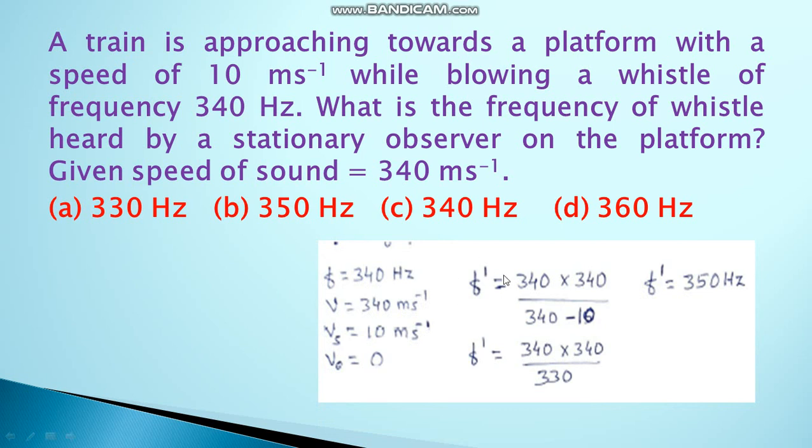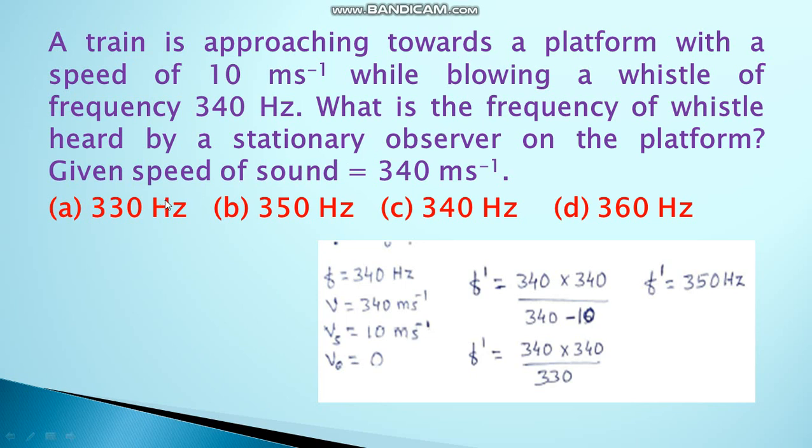Take the apparent frequency formula: 340 into 340 divided by 340 minus 10. Solving this, you will get 350 Hz. Before solving, when you are reading the question, keep in mind source is approaching observer, so definitely the apparent frequency increases.